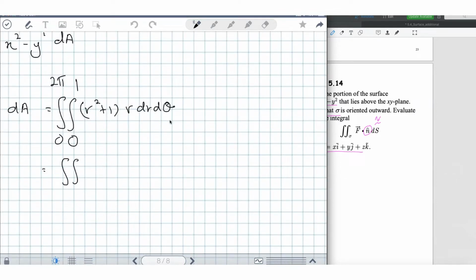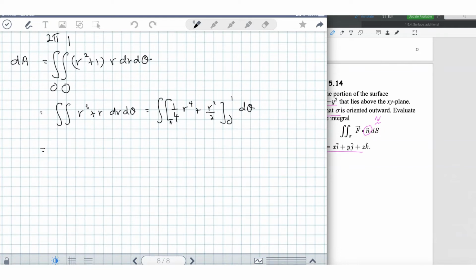You can use substitution or you can expand. So r cubed plus r dr d theta. So I am expanding this. First integrate with respect to r. 1 over 4 r to the 4 plus r squared over 2. So r is 0 to 1 d theta.